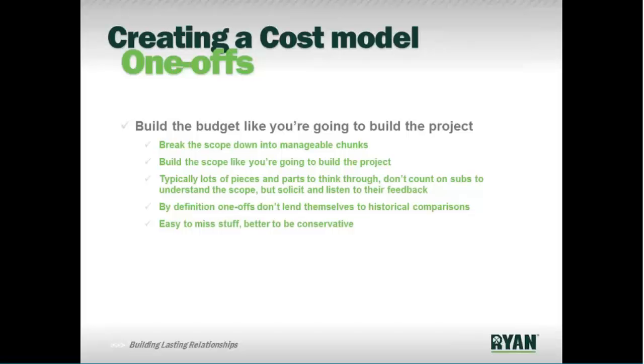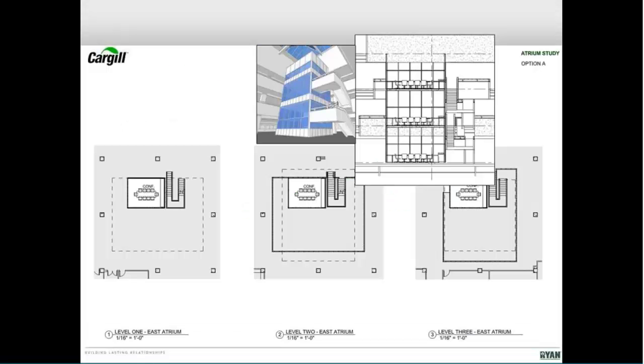One thing I did want to cover was just what I'll call the one-offs, and this can be a question from an owner that doesn't fit, by definition, typical cost or typical projects. And what it might be, I'll just show an example. This is a recent example from the Cargill project that the North Central Hub is working on.